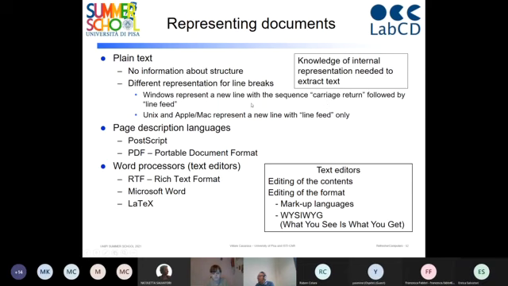Here, of course, the standards, as I keep saying, are good because there are many, so you can choose. But for example, Windows and Apple Mac represent the new line in two different ways. Windows is following the tradition, which is that the new line is two characters.